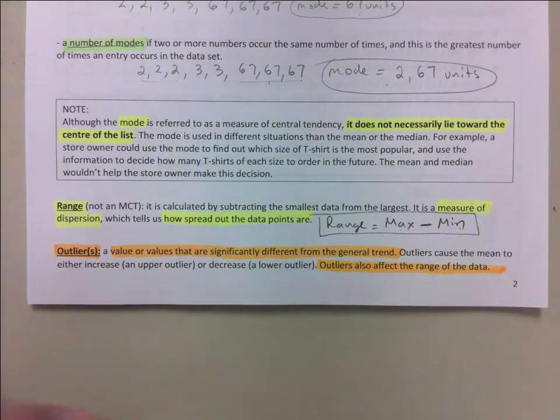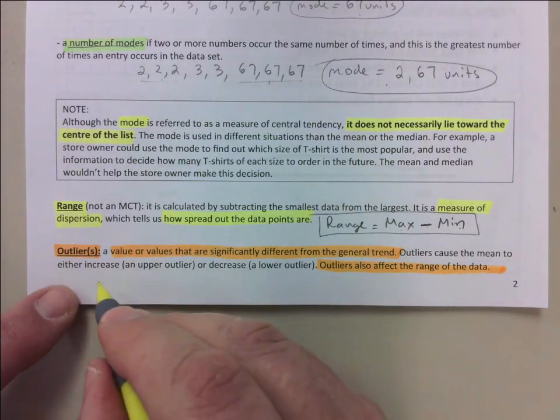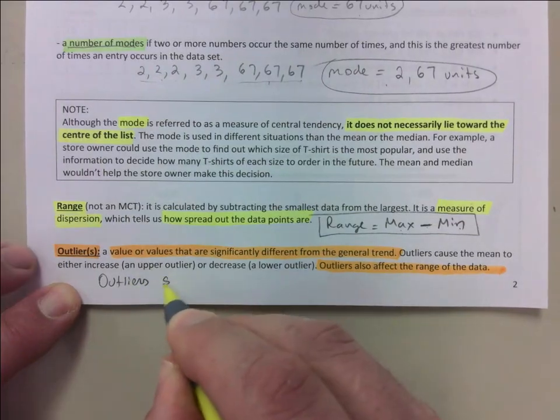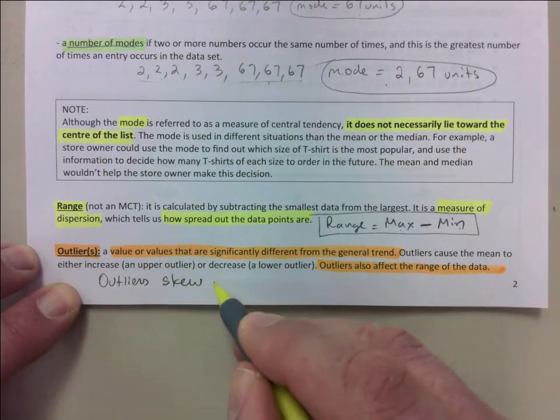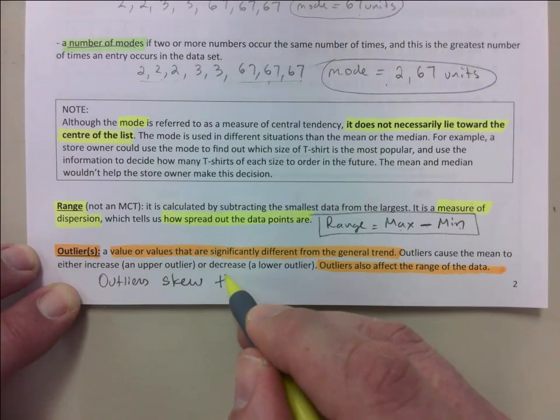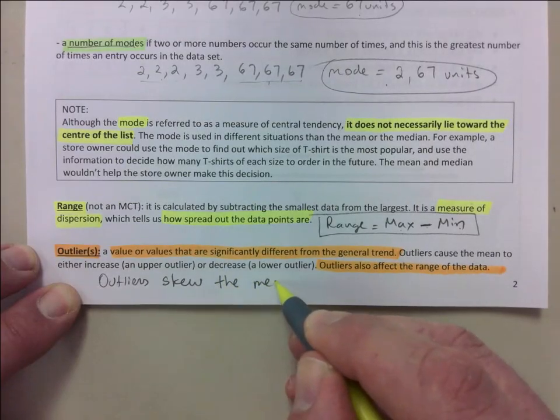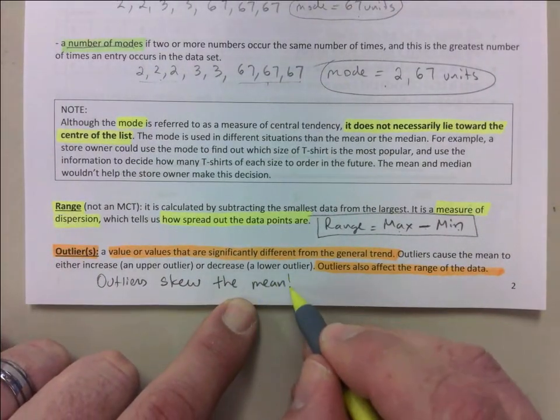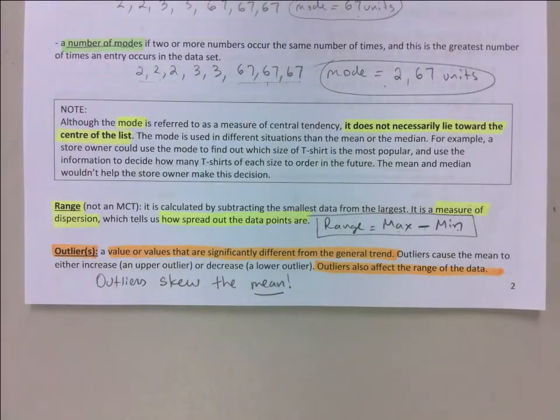Okay, I will add something here that I want you to write down. Outliers skew the mean, okay? They skew the mean, they mess with it, okay?